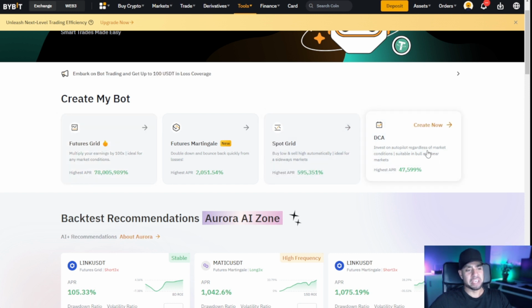And then you have the DCA bot, and basically what it does is it DCAs, dollar cost averages. You will give it a budget, and it will spread out that budget when it thinks it's the best opportunity for you to buy and when it's not. So let's say it's a perfect opportunity for you to buy. You have $1,000, it will maybe buy for 300 of those dollars.